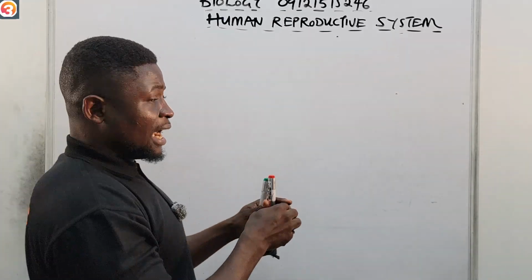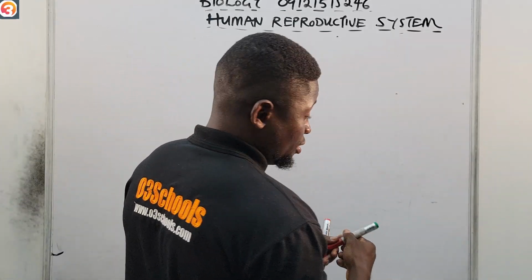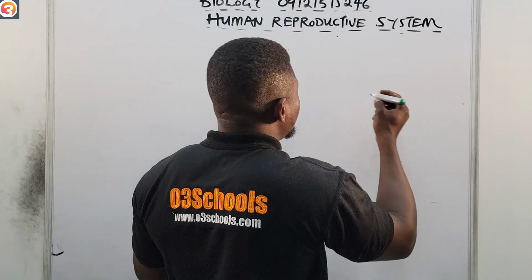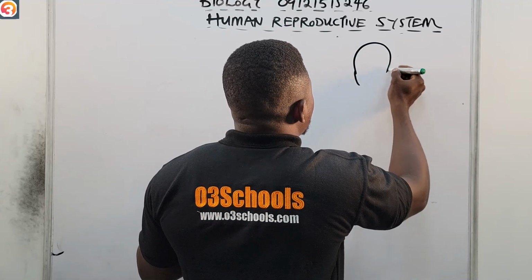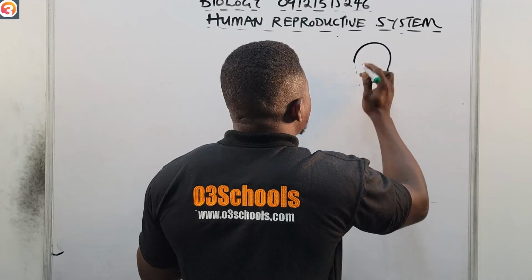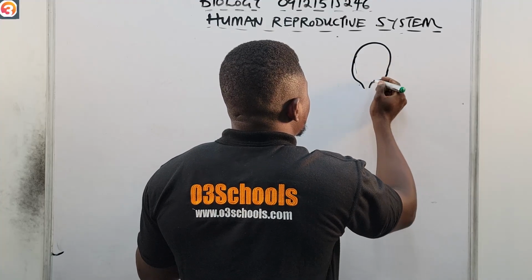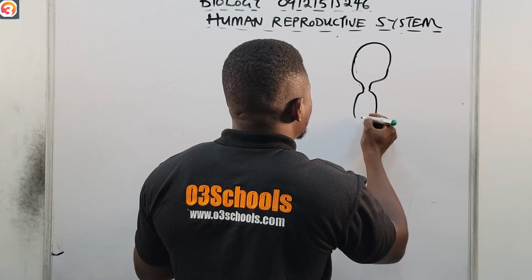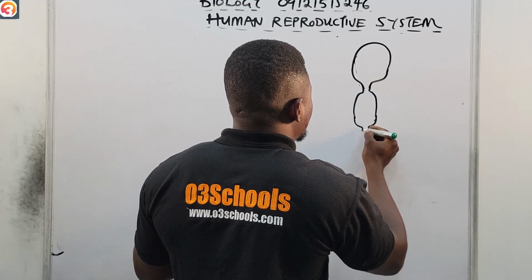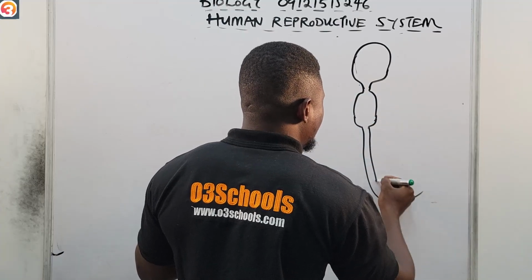So this is how the spermatozoa, your sperm, looks like. It looks like this. Sorry for my drawing.